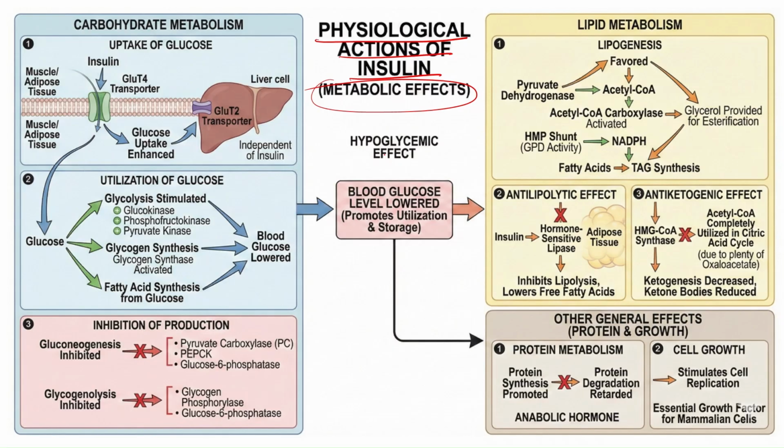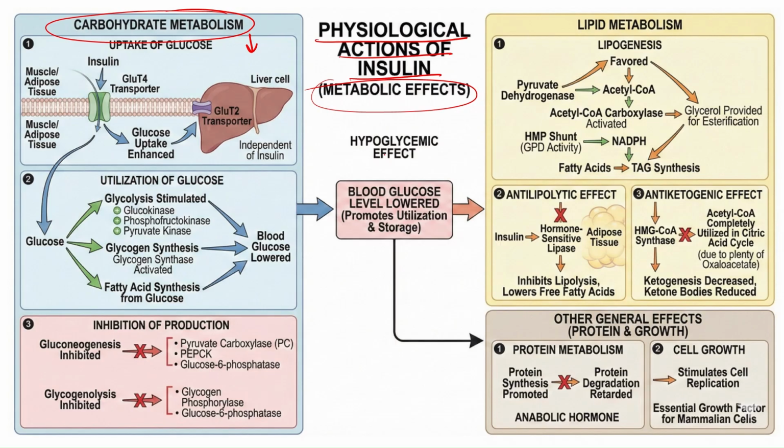So first, let's see the carbohydrate metabolism. Obviously, it will decrease the blood sugar. It increases the way the cell uses sugar while simultaneously shutting down the body's internal sugar production. It increases glucose usage and decreases production.